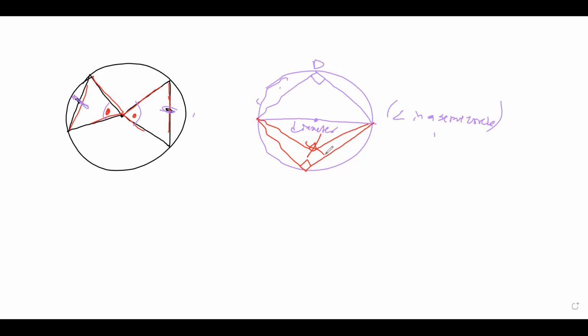Now let's quickly move to the tangents. Those are just two of them left. So tangents from the same point are equal. If two tangents are drawn from the same point outside a circle, they are equal in length, okay? So you have a circle, you have two tangents drawn from the same point.